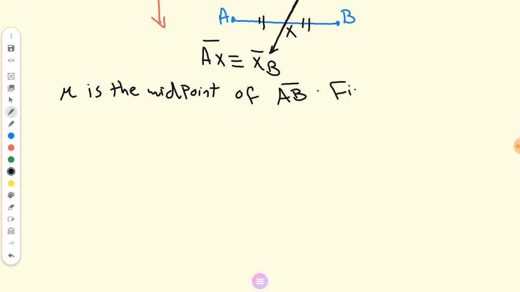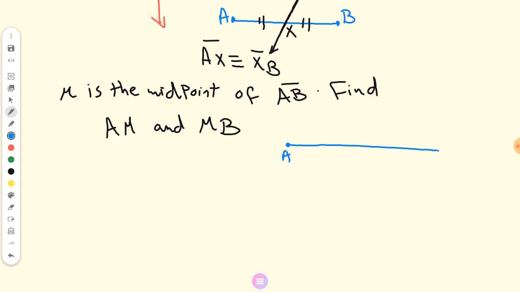Find AM and MB. That's the line segment, called AB, and M is the midpoint, exactly in the middle here.